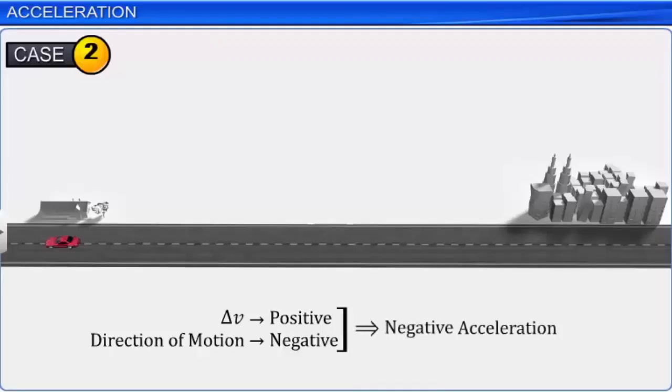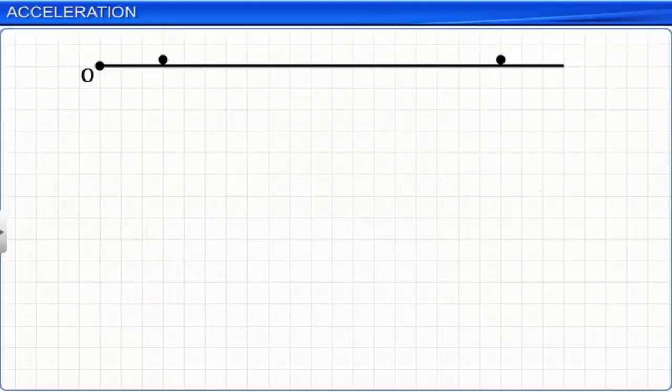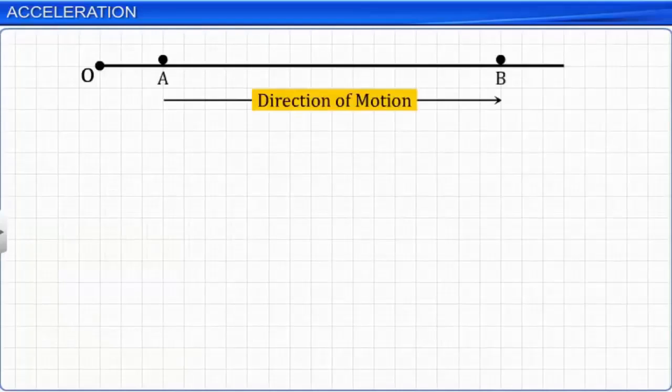To decide whether acceleration is positive or negative, the terms retardation or deceleration are confusing while solving problems. Here is an easy way to get the sign convention for acceleration right. In the four cases we have just studied, with respect to points A and B between which the body traverses, let us fix the velocities of the body at these points as v at A and v' at B. The four cases are tabulated.